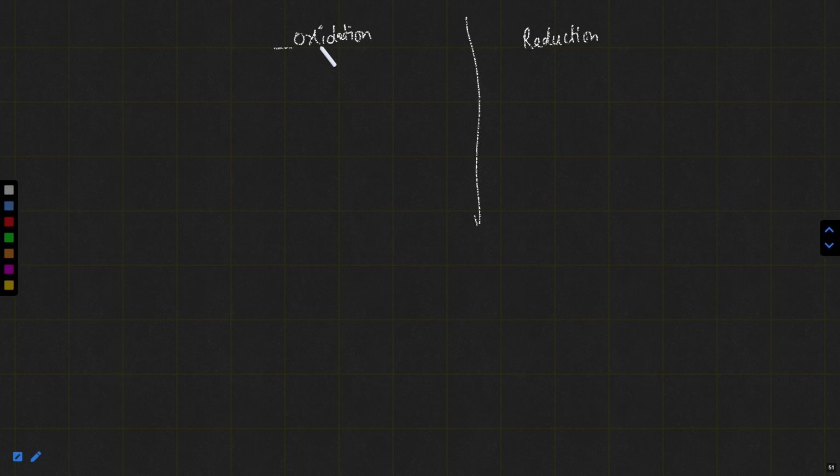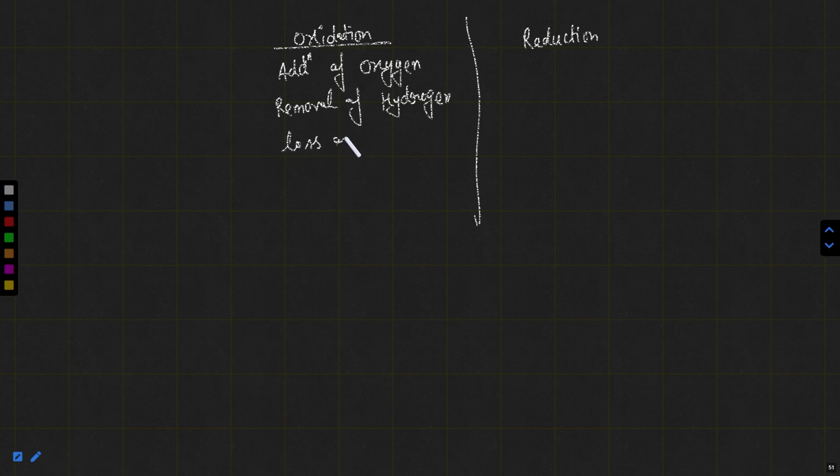For your grade, oxidation is the addition of oxygen and removal of hydrogen. In terms of electrons, loss of electrons is known as oxidation. Let's understand only these three definitions of oxidation.